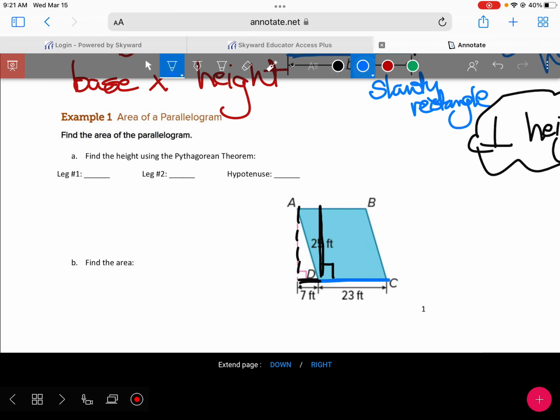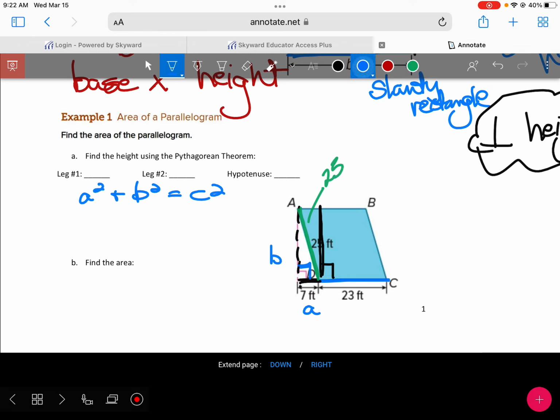So we say a squared plus b squared equals c squared. Because we have a right triangle, we see that this bottom leg is 7. We see this leg, b, that's what we don't know because that's the height I want. And we have a hypotenuse, which is slanted. That is 25, which you can't really see because I covered it up.